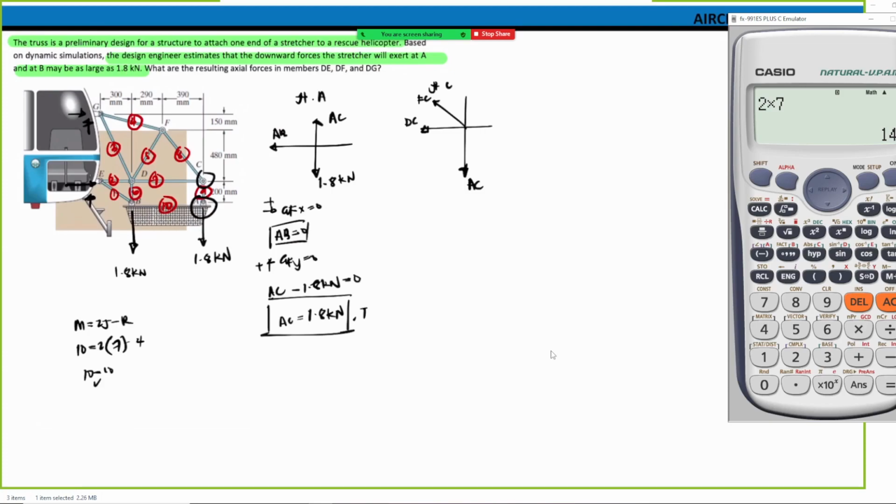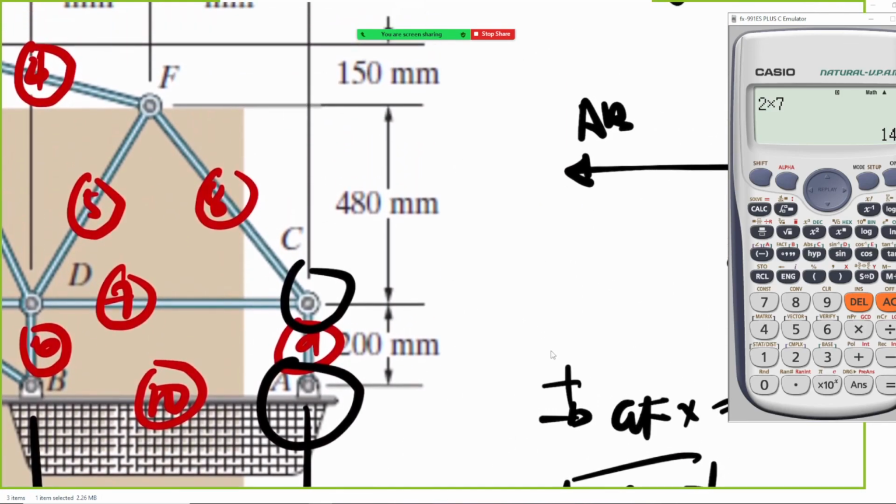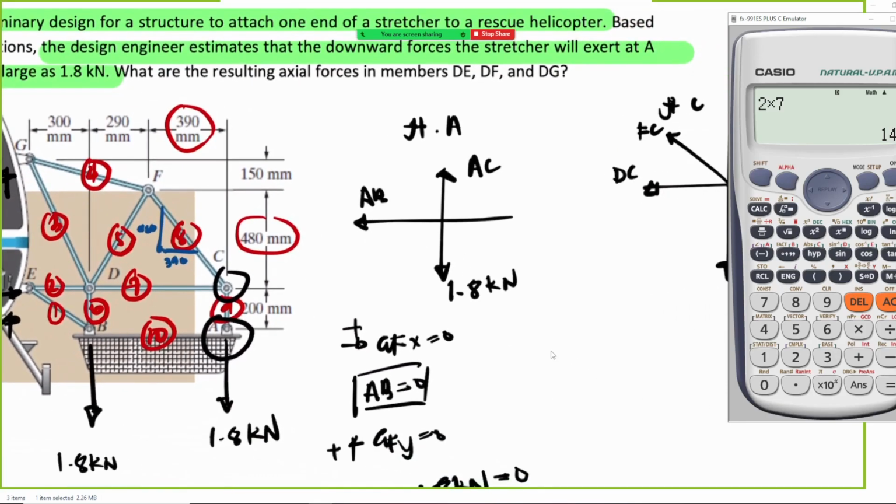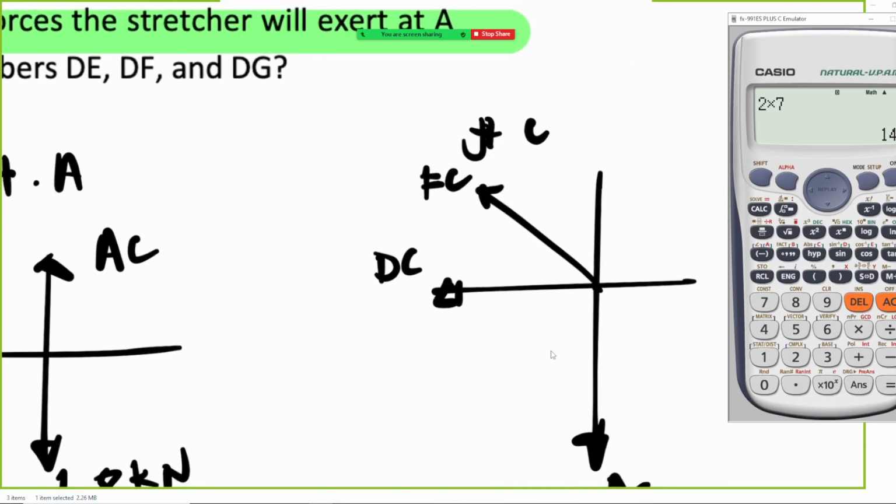Okay? Now, ang problem is, ano yung angle nung member FC. So, as you can see dito sa figure, meron siyang dimensions, which is 390 and then the 480. So, kung lalagyan natin to ng triangle, yung 480 is Y component niya and yung 390 is X component. So, this is 480 and then 390. Okay? So, pagdating dito sa ating free body diagram, pwede nating i-simplify yon.